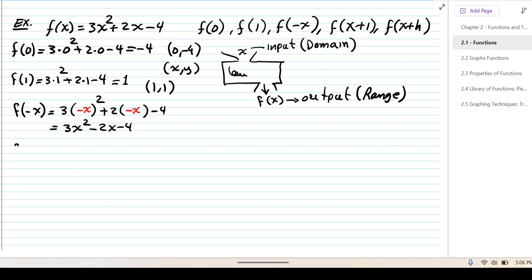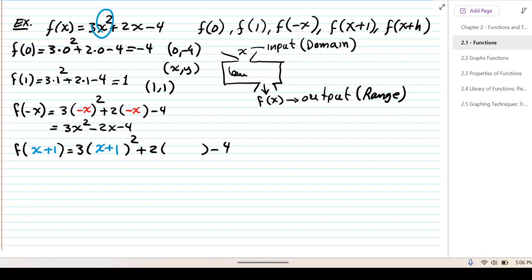Now next, we're going to do f at x plus 1. So f at x plus 1 is going to be equal to, we're going to replace the x's with x plus 1's in our initial function, right? So that's what I'm going to do.